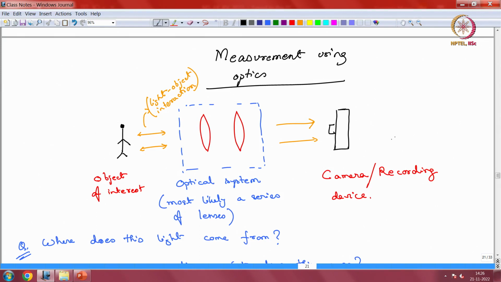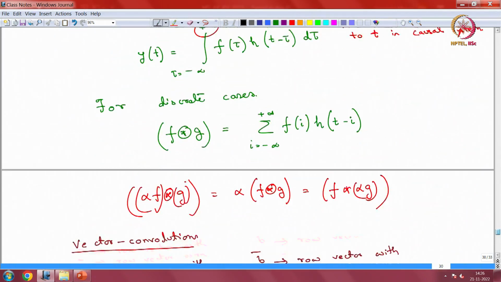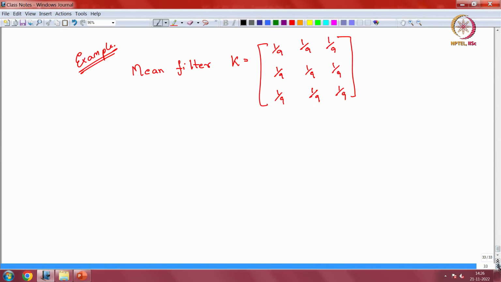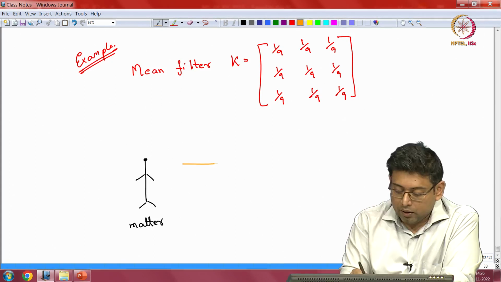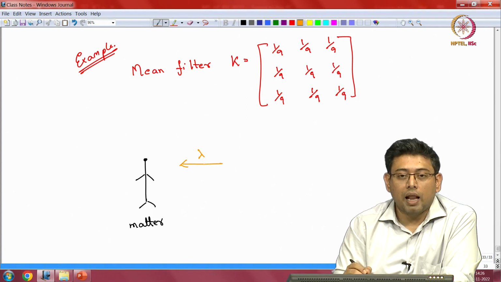Now the topic of light matter interaction is quite involved, and it can basically take several lectures if you are interested in knowing all the details about the interaction portion, because you have some matter, which I am representing by a stick drawing here, and then you have light falling on it. So you have some light of some wavelength lambda falling on this.